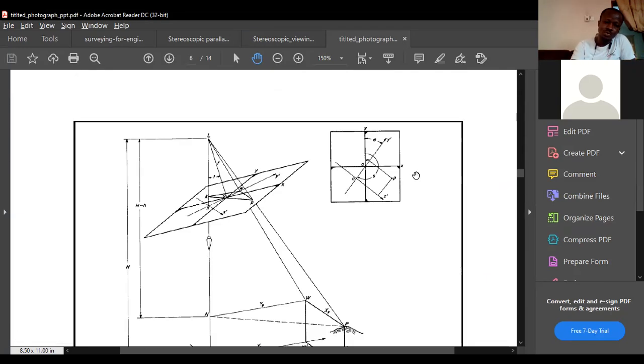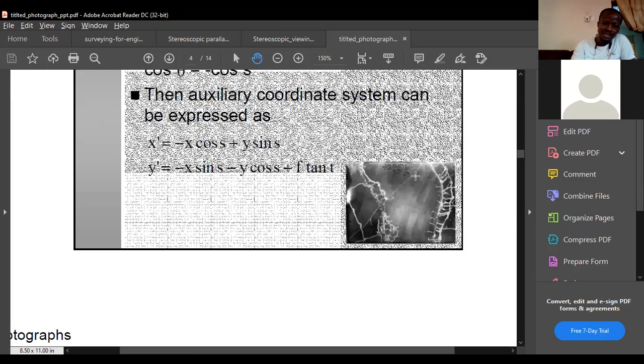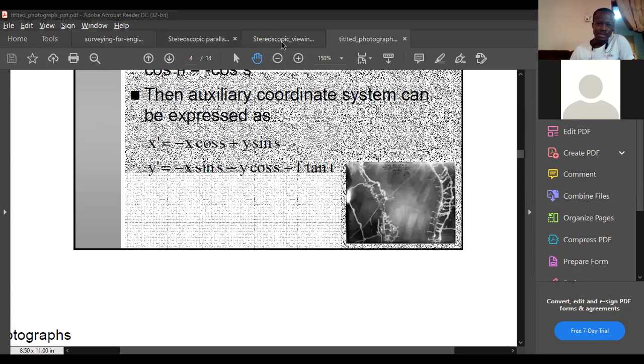The equation to put in your head is actually this one. This is one of the most important equations that you need to know. Okay, this one here, then this one.